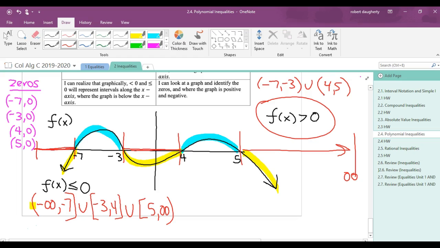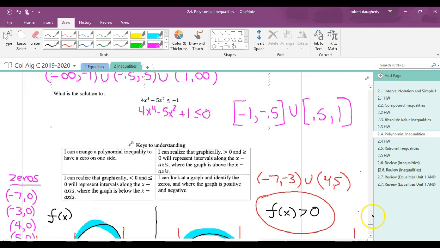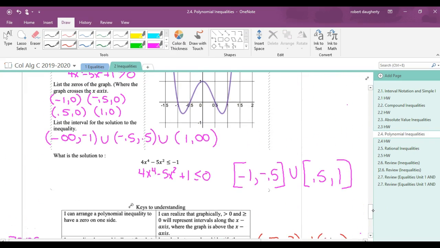Okay. So really, that's all that's happening in this unit. When you see something like this that's not including 0, just move that to the other side, get it to an inequality that involves 0. And it's either going to be greater than, equal to, less than, equal to.